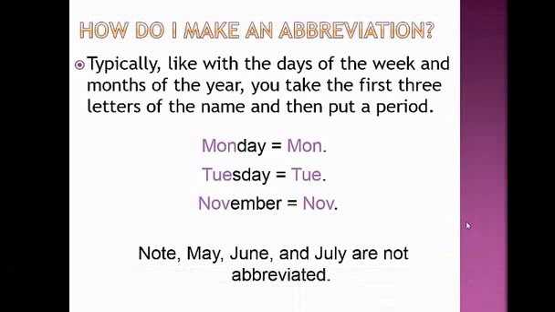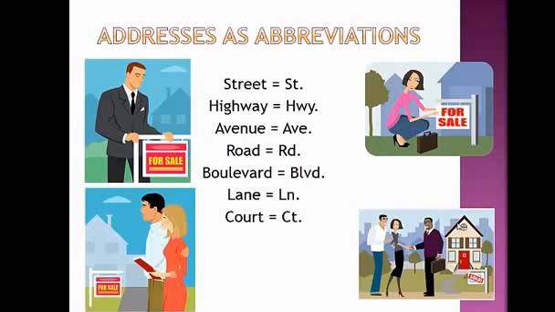Abbreviations are nice shortcuts when we don't have a lot of time and we want to take a little shortcut from writing a whole word. An abbreviation is good to use when we're writing addresses, like I said before, typically a lot of the streets can be abbreviated. Sometimes you'll see something like Smith Street. You can abbreviate street with capital S-T, period.